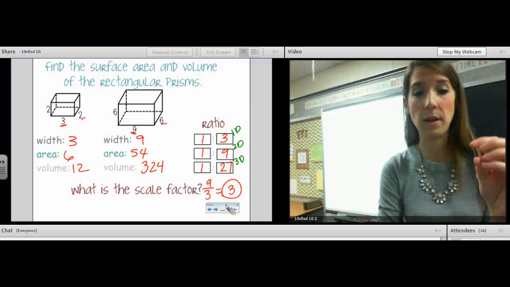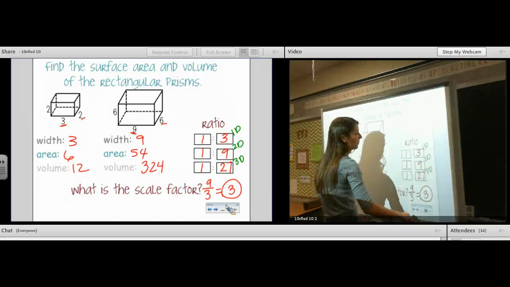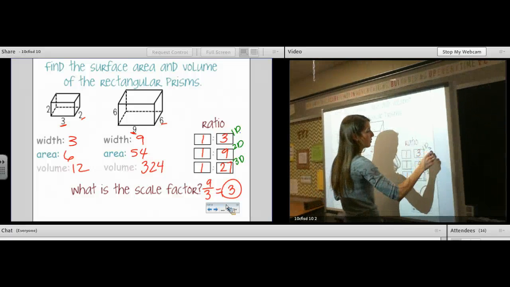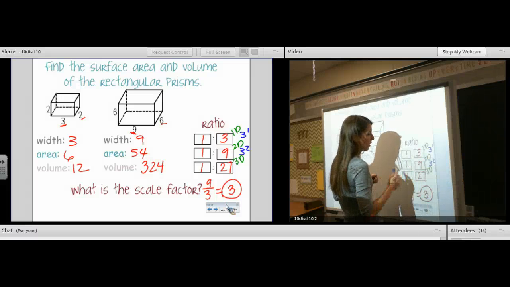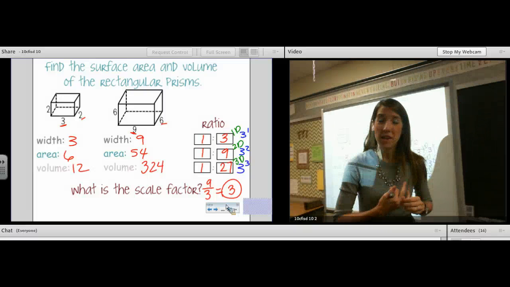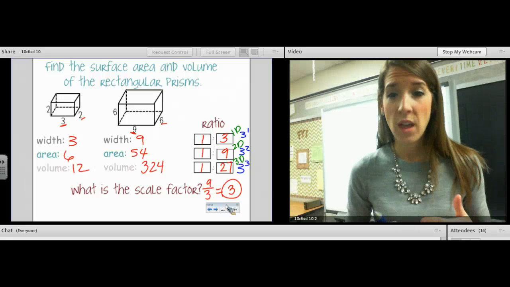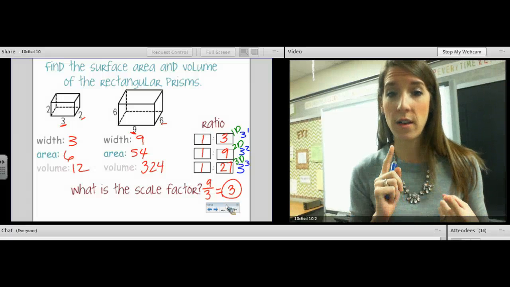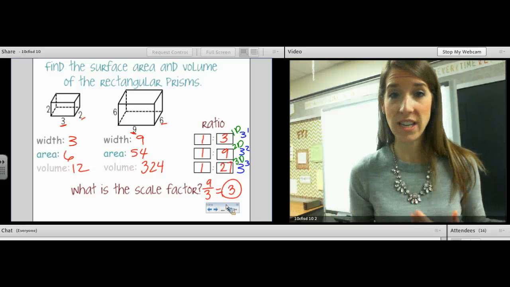Our scale factor is 3. There you go. If we take our scale factor, this ratio is 3 to the 1. This ratio is 3 squared. And this ratio is 3 cubed. So today's lesson is, when you find a scale factor, if you want to know the ratio of the lengths, you do the scale factor to the first power, because it's 1D.